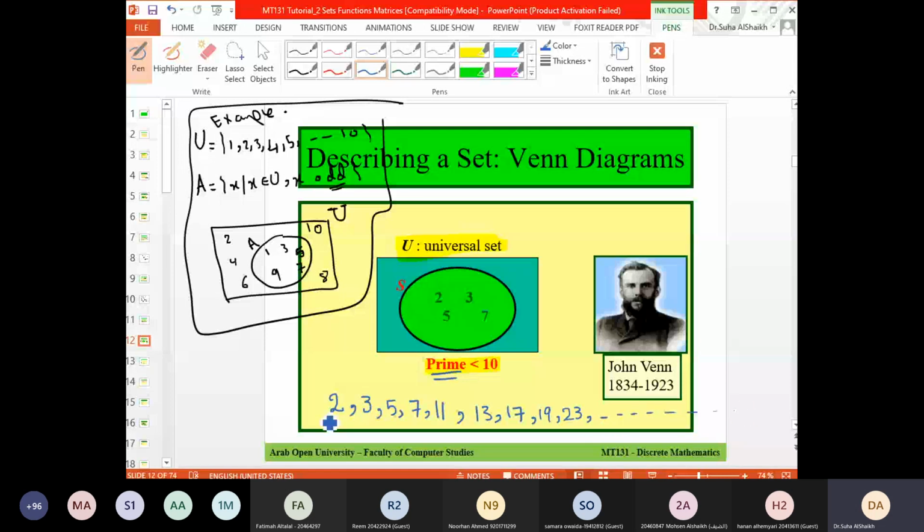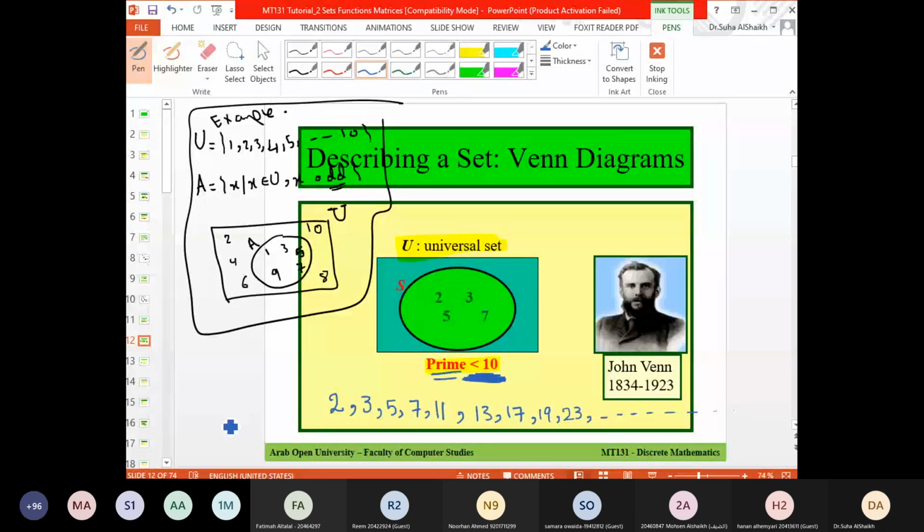We have infinitely many primes. The first prime we have is the 2. And you must notice that the 1 is not a prime. The 1 is divisible by 1. To be prime, it should be divisible by 2 factors, by 1 and itself. So the 1 is not counted as prime. We start from the 2. So if I say the primes that are less than 10, I have 2, 3, 5 and 7.